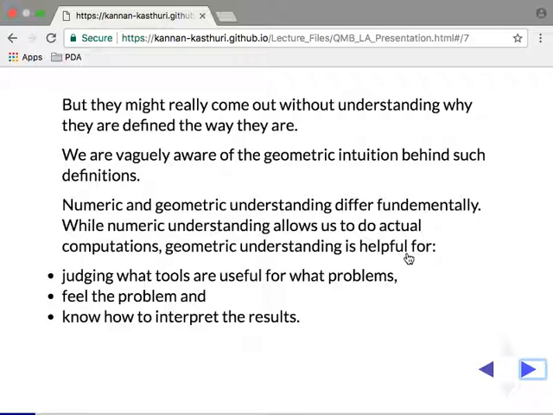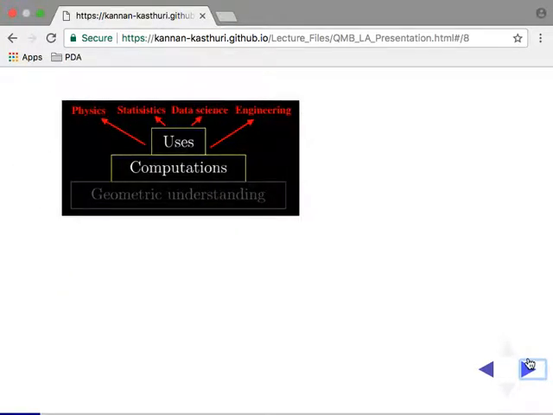While numeric understanding allows us to do actual computation, geometric understanding helps in judging what tools are useful for what problems. It will also let you appreciate the problem better and know how to interpret results. So geometric intuition is always important. Like physics, for instance, requires a geometric way of thinking.